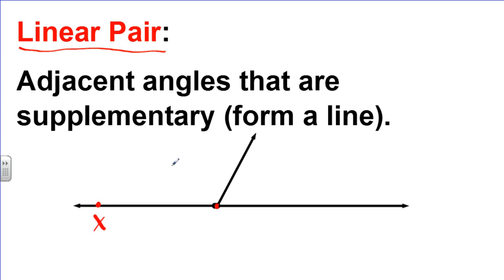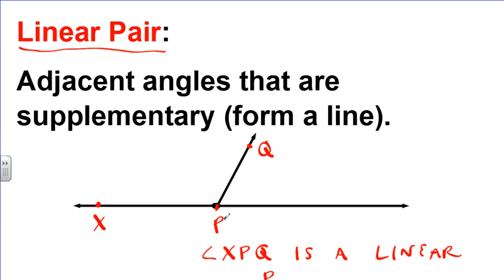This is going to be an X and a P and a Q. And I would say angle XPQ is a linear pair with angle QPW. Angle XPQ is a linear pair with angle QPW.